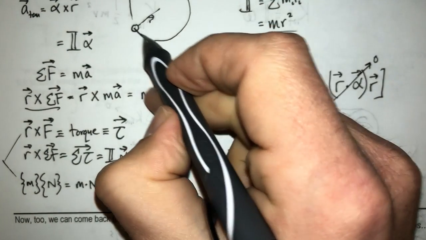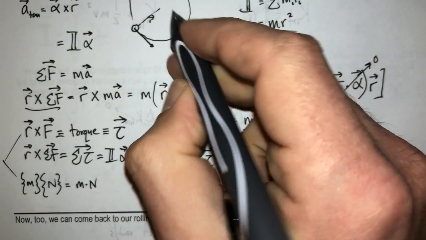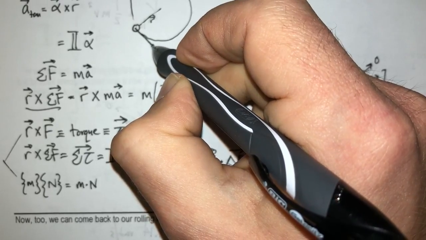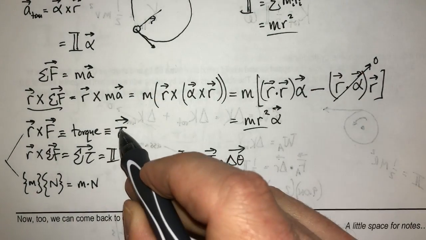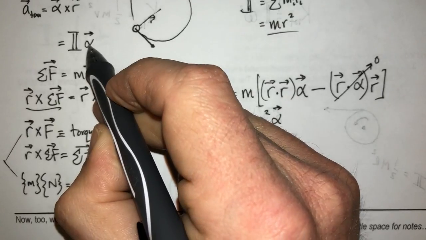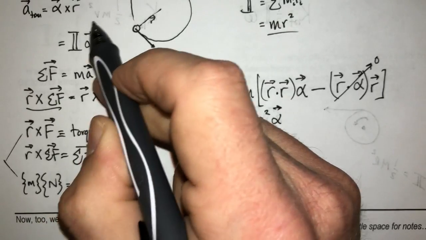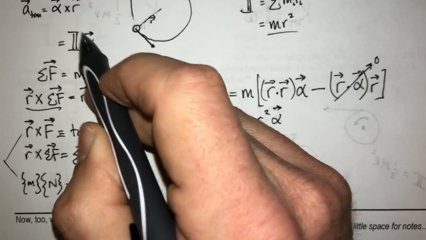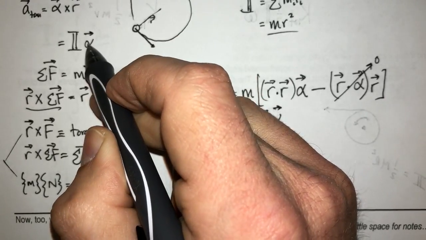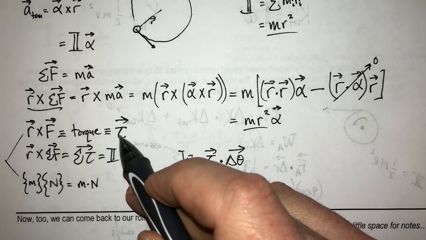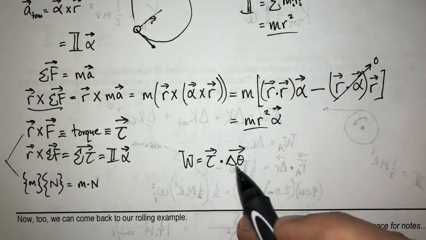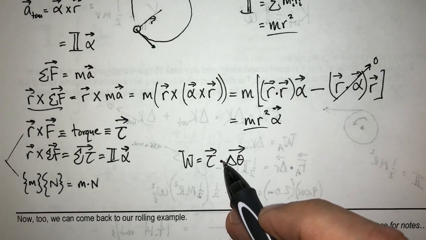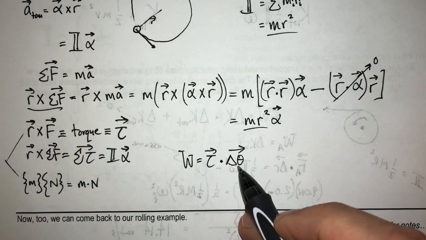Now, if we sped this thing up, it's because we exerted a force tangent to the thing. And torque, it turns out, is in the same direction as alpha, which is in the same direction as delta omega. So it's all in the z-axis, in other words. Torque is in the z-axis. So is delta theta. So this dot product doesn't really do a whole lot. These are already parallel by definition.